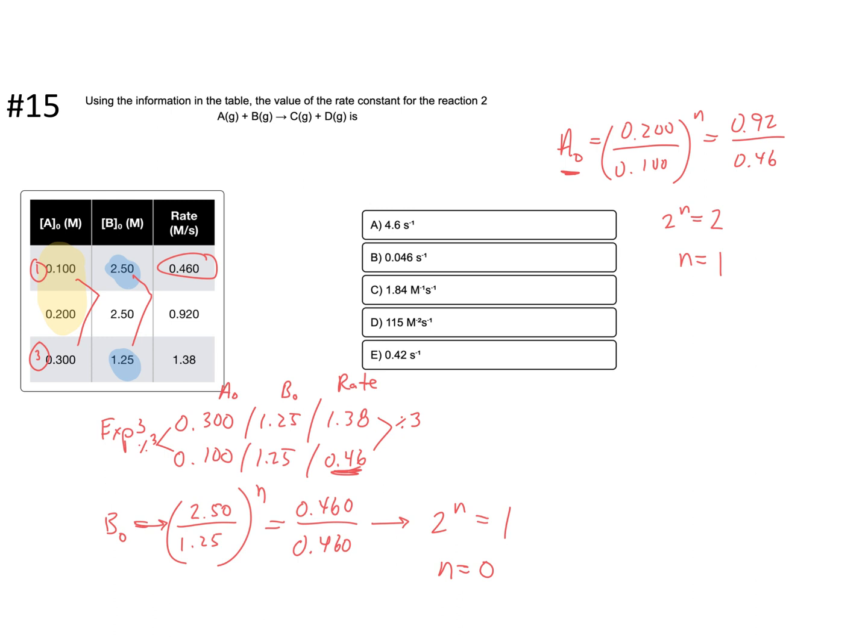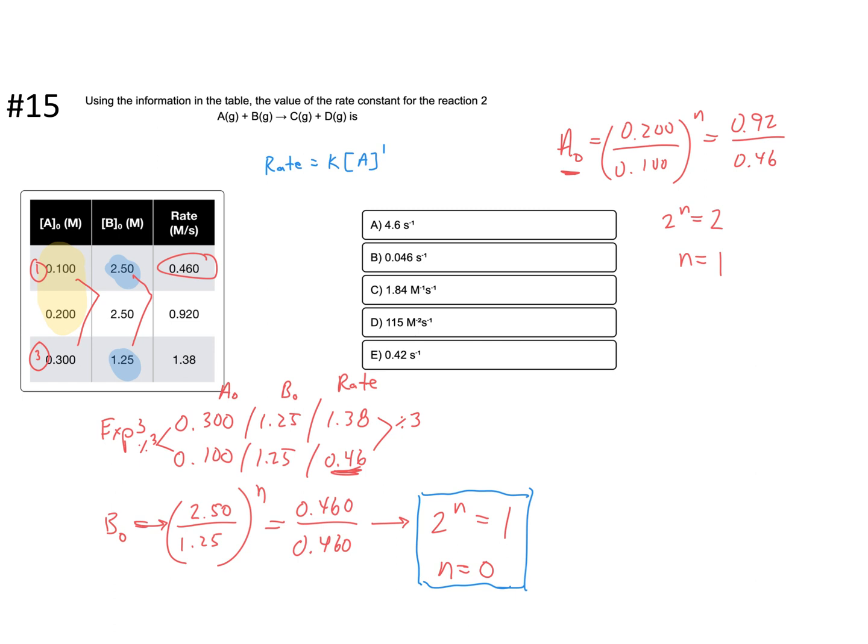We've figured out the rate law for the reaction. The rate law equals the rate constant times the concentration of A to the first. B does not show up in the rate law because B is zero order. It does not impact the rate of the reaction. So when we're calculating rate, we should not include the concentration of B.